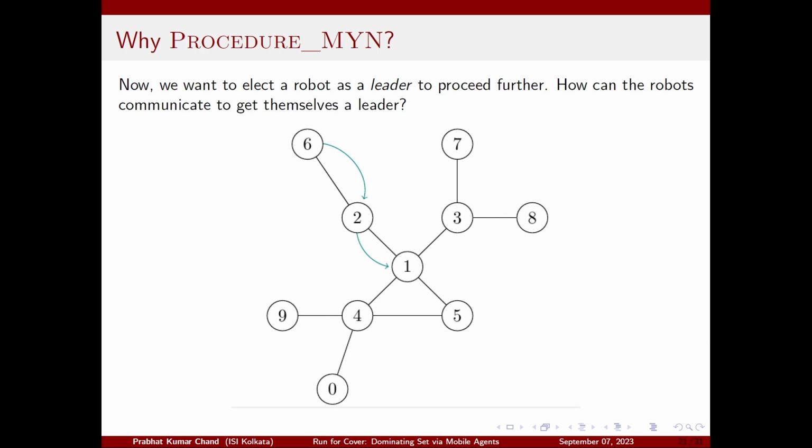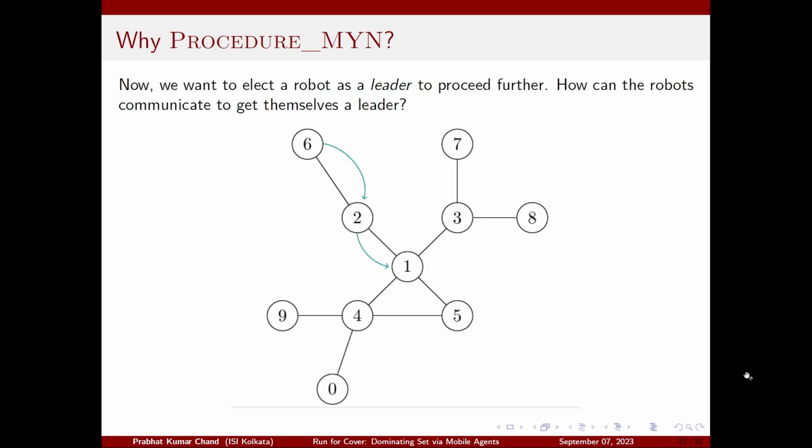As we can see in this figure, whenever a robot from node 6 jumps to communicate with a robot at node 2, at the same time, the robot at node 2 can also jump out and move to node 1. Therefore, the robot placed at node 6 may not communicate with the robot present at node 2. So, how can we guarantee that each robot can communicate with other robots so that a leader can be elected?